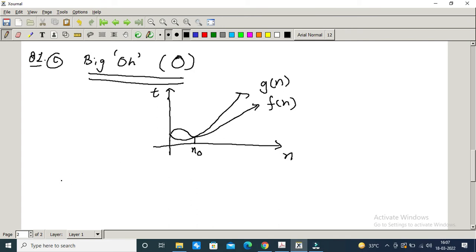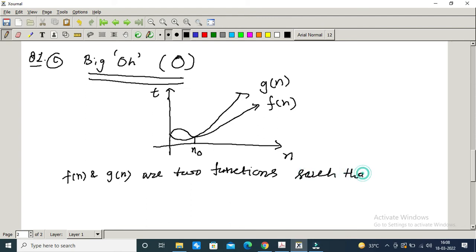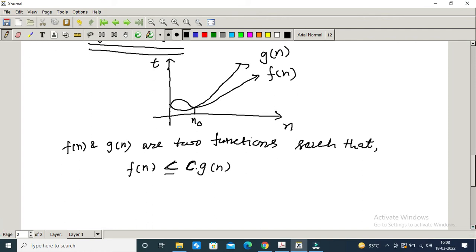So f(n) and g(n) are two functions such that f(n) is less than or equal to c times g(n), with some constant c, where c is greater than 0 and n naught is greater than 1.